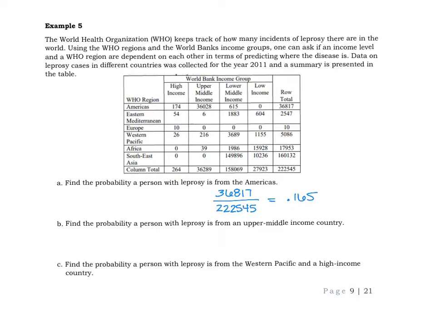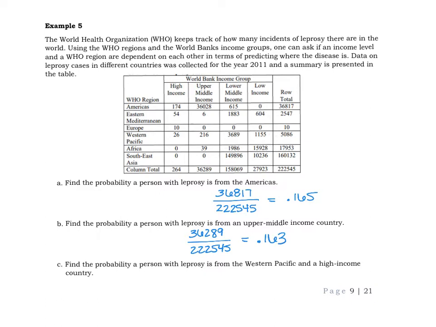Okay, probability someone with leprosy is from an upper middle income country. So there are 36,289 from upper middle income countries out of the 222,000 plus, for a probability of 0.163.